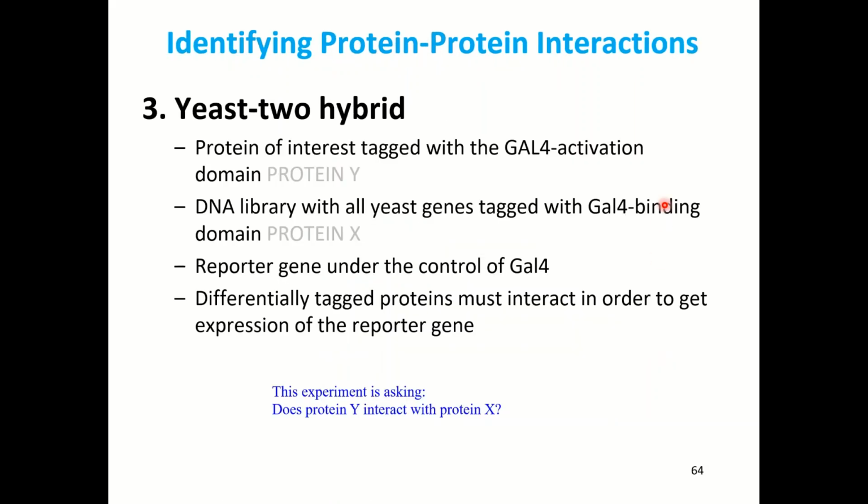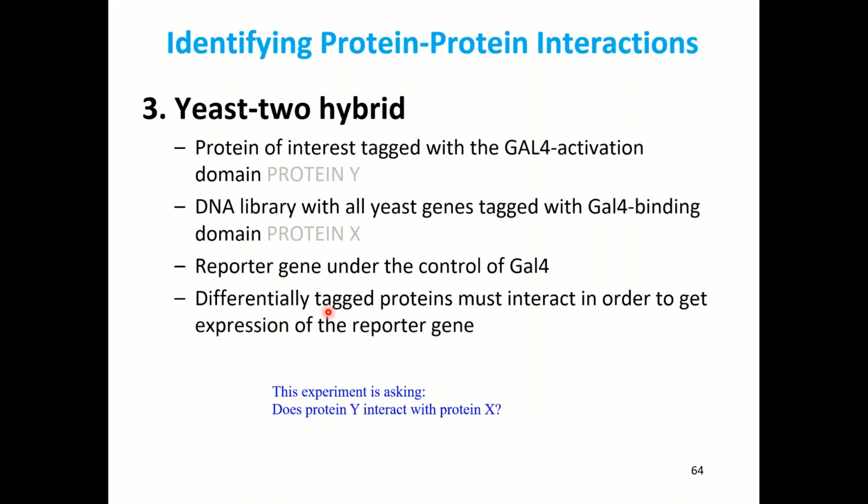Okay. The final method of identifying protein-protein interactions is the yeast two-hybrid. In this method, your protein of interest is tagged with the Gal4 activation domain, which we can refer to as protein Y. A DNA library with all yeast genes is tagged with Gal4 binding domain, which we call protein X. And then you have a reporter gene under the control of Gal4.